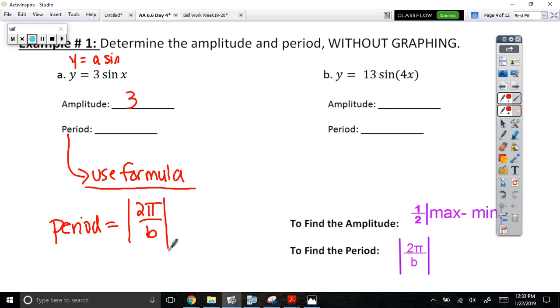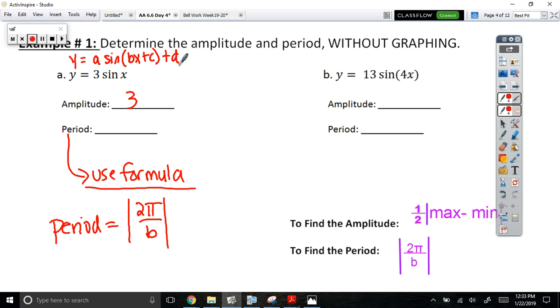Also remember from the top of the notes, the general form is A times the sine of parenthesis bx plus c, plus d. So what is the b value in this example? Is it 0 or 1? 1.